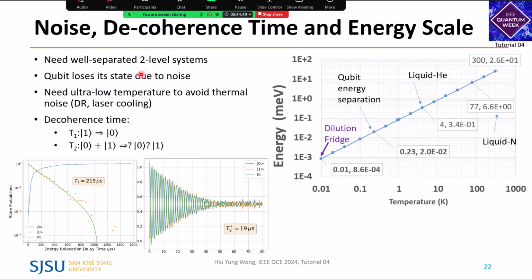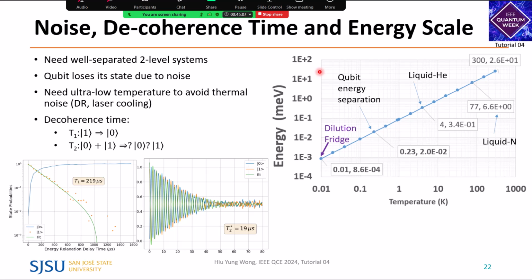Okay, and the final slide is that because you need 2 well-separated levels, what do you mean by well-separated? The so-called well-separation is related to the noise, and the major noise is the thermal noise. If you operate your quantum computer at room temperature, like here, the thermal noise is on the order of 25 millielectronvolts.